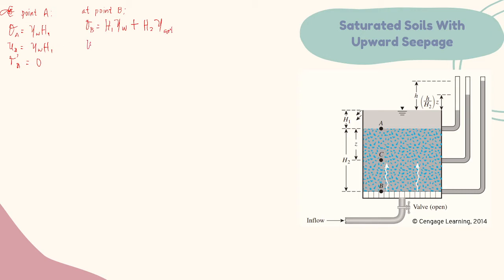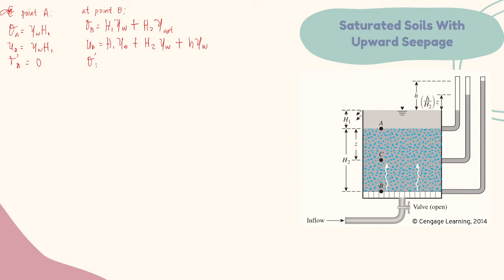While for the pore water pressure at B, this is equal to H sub 1 times the unit weight of water plus H sub 2 times the unit weight of water plus, since we have the upward seepage, we have to add the height h. So this is the head loss h, the head loss h times the unit weight of water.